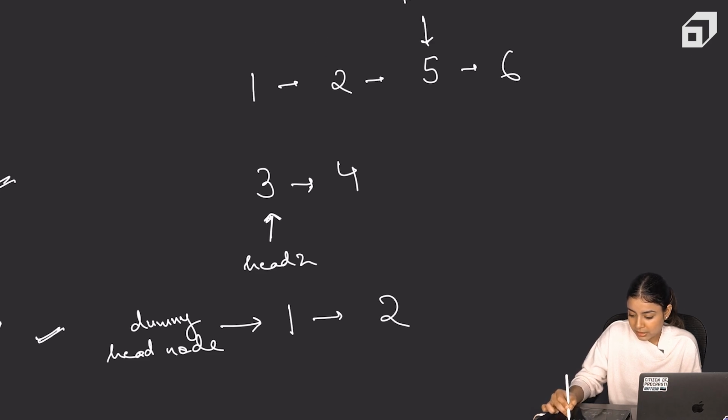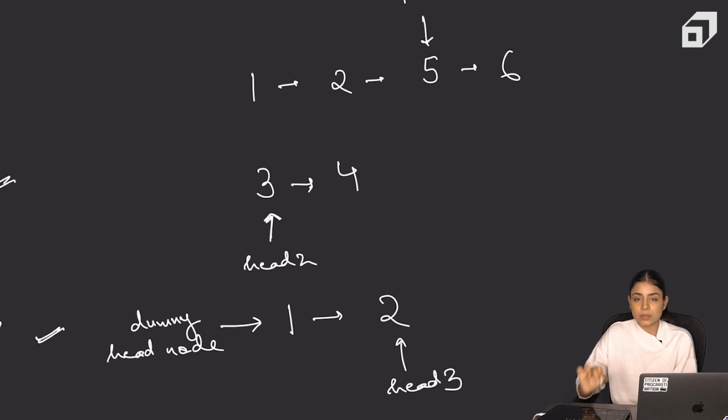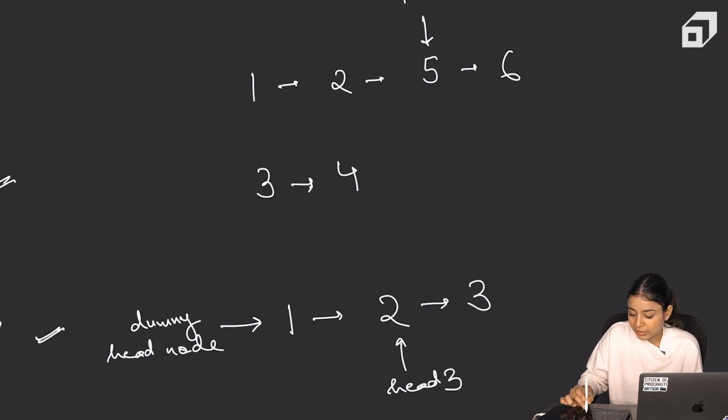So head 1 will come here and head 3 will come here. And now again I compare head 1 and head 2 values. Now out of head 1 and head 2, I know head 2 value is smaller, 3 is smaller. So in front of 2 I will have 3, right? And now I will move head 2 pointer forward and head 3 pointer.